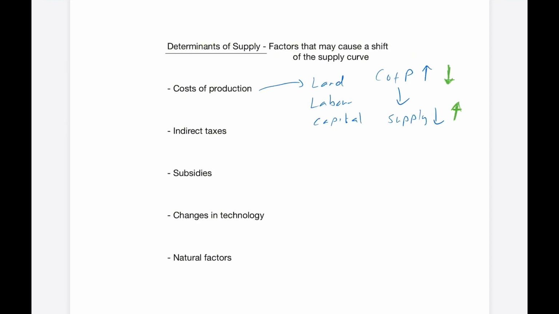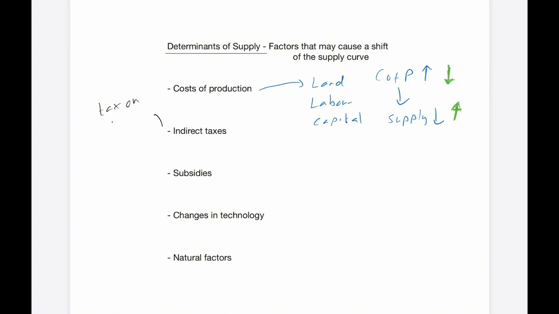Okay, other determinants of supply are indirect taxes. Now, there will be a video on indirect taxes in the future, okay, but indirect taxes are basically a tax on spending. Now, students often get confused here because they think it's the consumers that take on the burden of the tax.